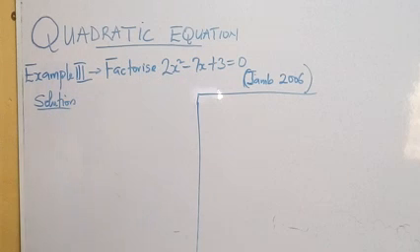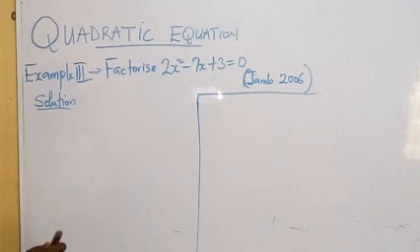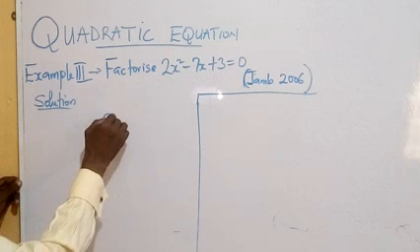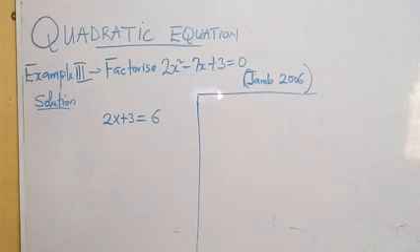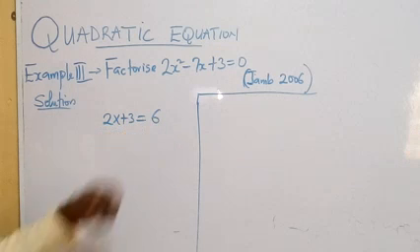You multiply the coefficient of x squared, which is 2, by plus 3, which equals 6. In this situation, you'll be dealing with this 6. You look for factors of the product whose sum gives the coefficient of x.